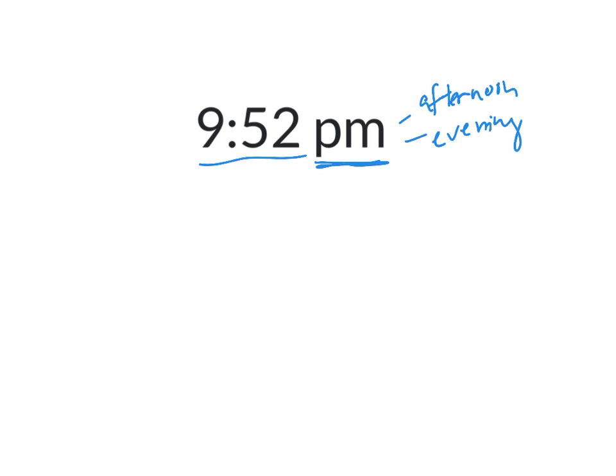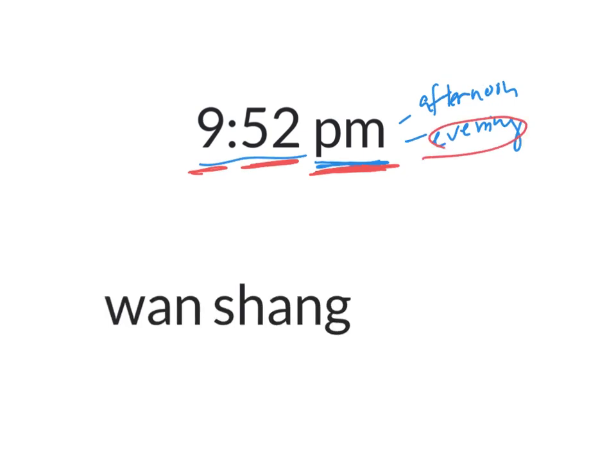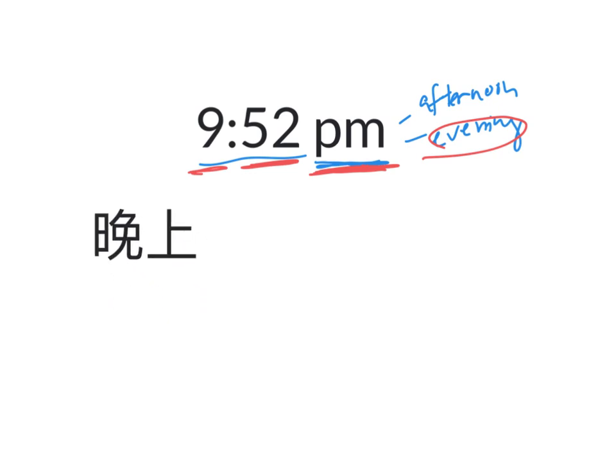Have you tried it? Did you get it right? Let's see. So, 9:52 p.m. Again, the rule is to put the time of the day first, and then the hour, and then the minute. Since this is PM and we know it's already evening, we have to type the Chinese term for evening, 晚上.